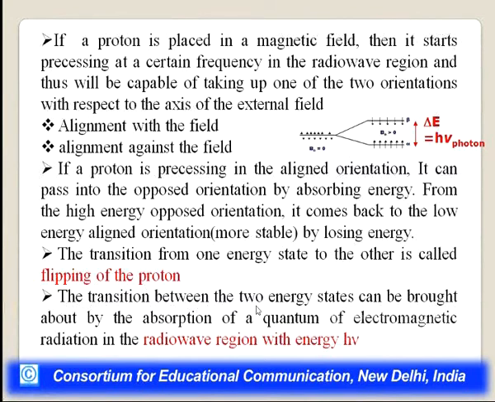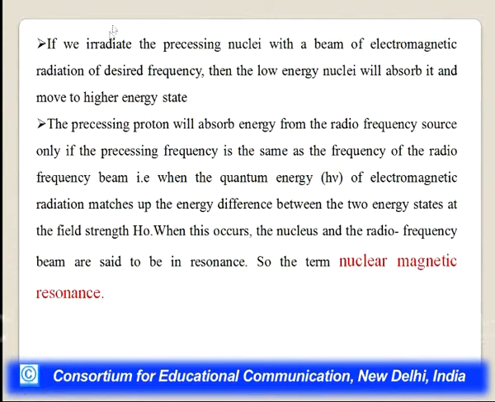The transition between the two energy states can be brought about by the absorption of a quantum of electromagnetic radiation in the radio wave region with the energy value of h nu. How does it happen? If we irradiate the precessing nuclei with a beam of electromagnetic radiation of the desired frequency, that is radio waves, then the lower energy nuclei will absorb it and move to the higher energy state.